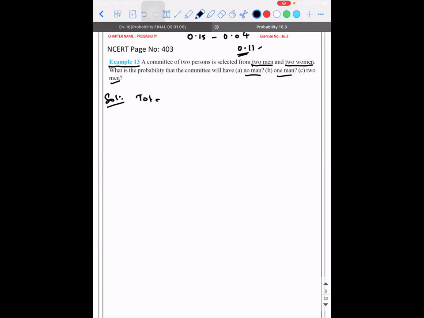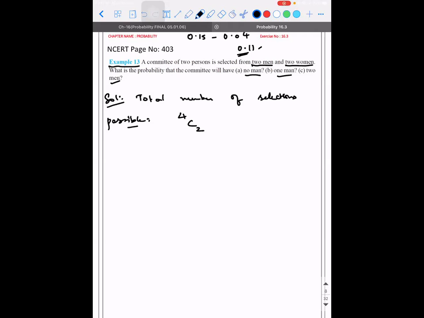So the total number of selections possible will be how much? Out of the 4, you're choosing 2. I hope it makes sense. For this problem, what you should have done is sit and write all the possibilities together, 1 man, 1 woman, like that. If you sit and write, you will get all the possibilities.